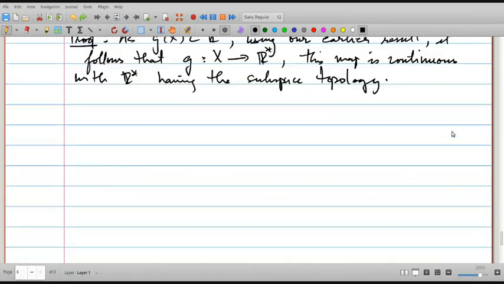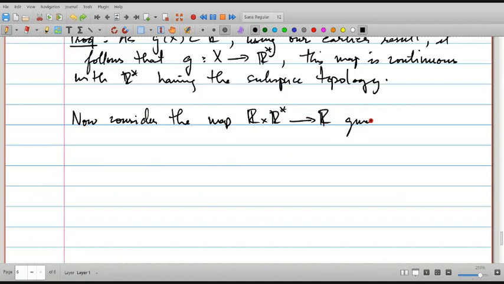So now consider the map R cross R star to R given by x comma y maps to x y inverse.